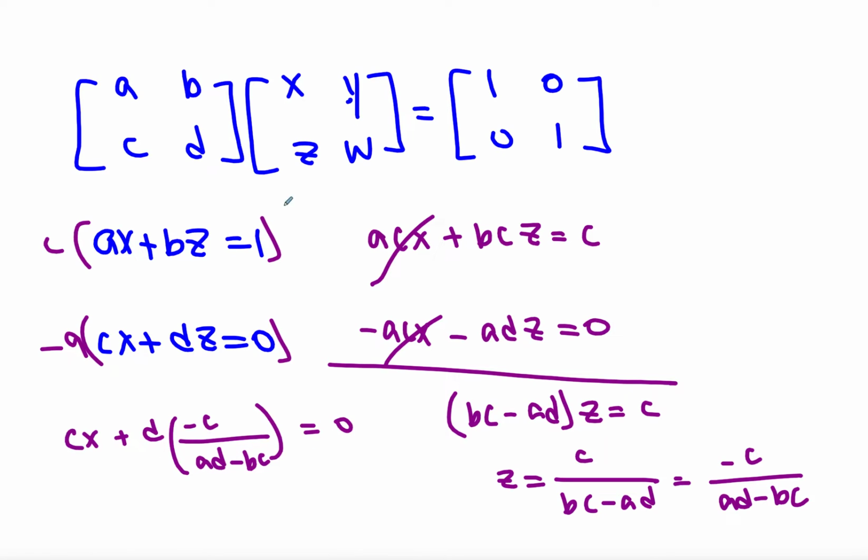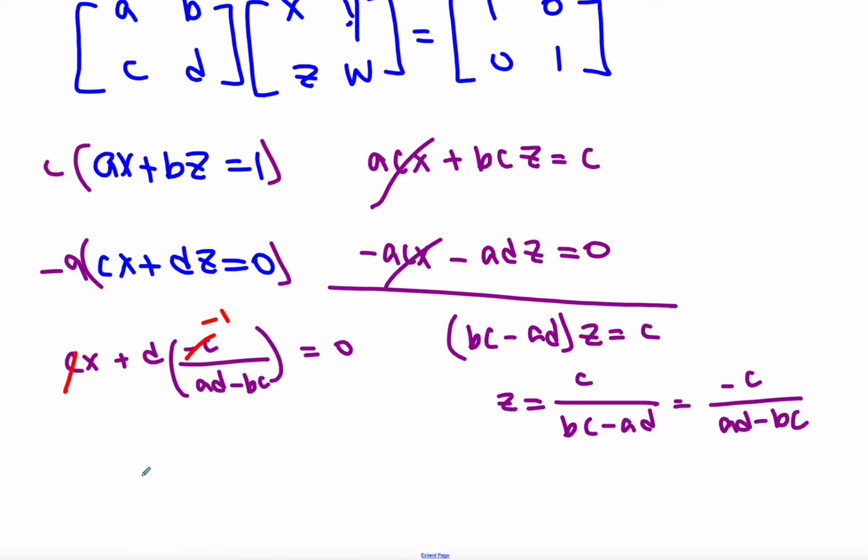So I can divide by C. Then what X is equal to is D over AD minus BC. They have the same denominator. So we found two values one way or the other. Let's look at the next one.